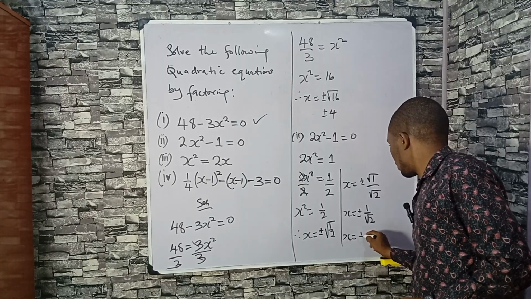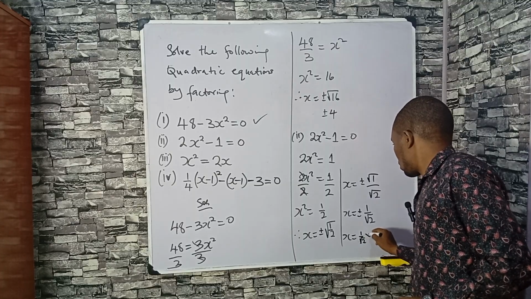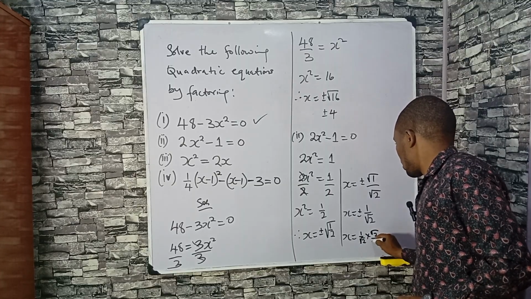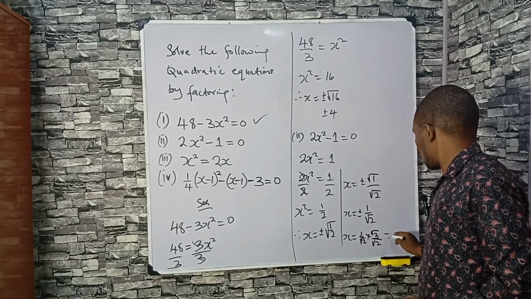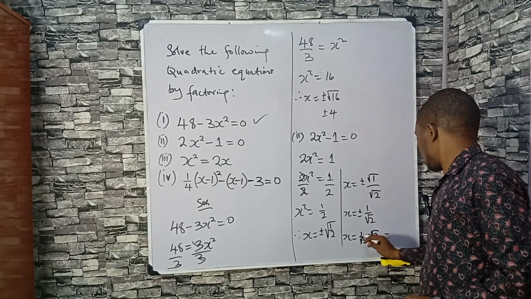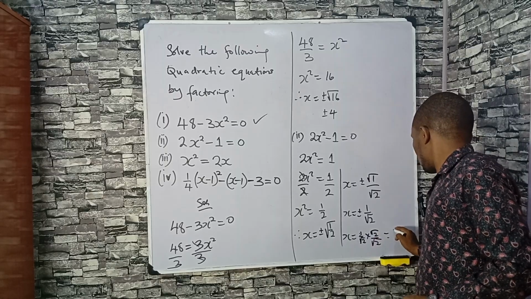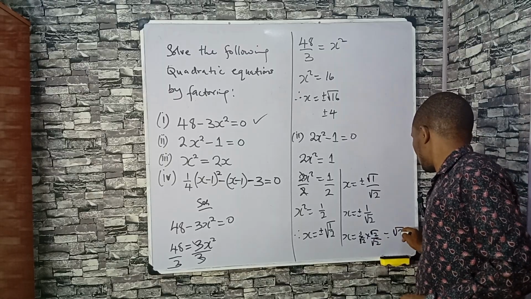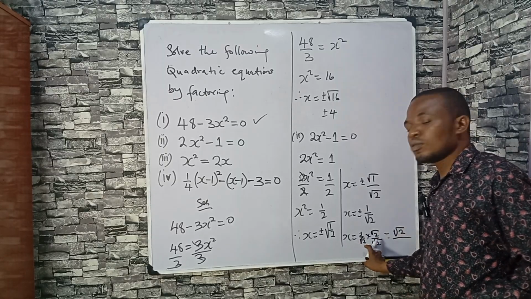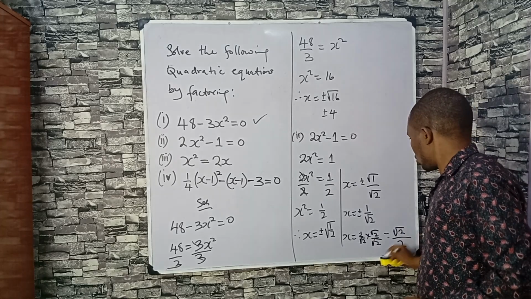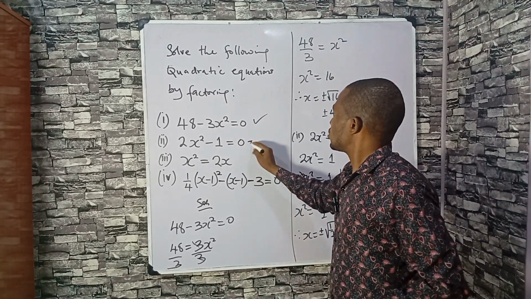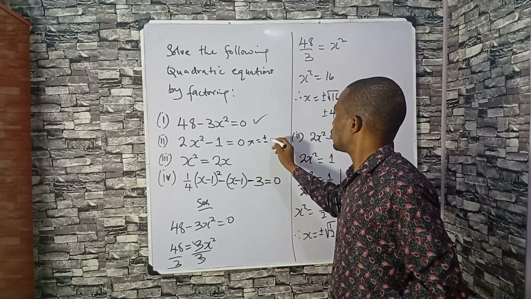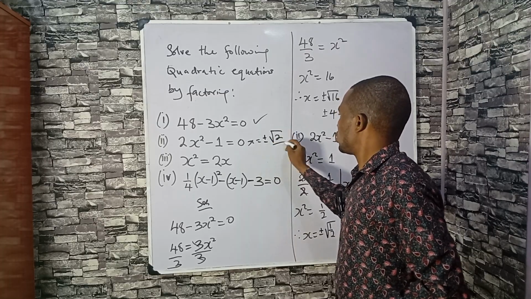To have root 2 divided by root 2, so that I can have this and this. That will be root 2. Then root 2 times root 2, that is 2. So the answer here for this second one is x equals plus or minus root 2 divided by 2.